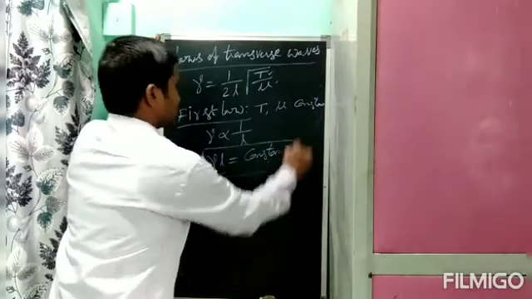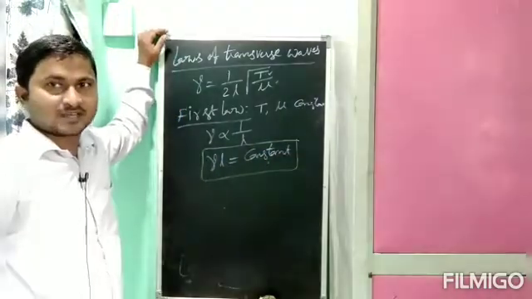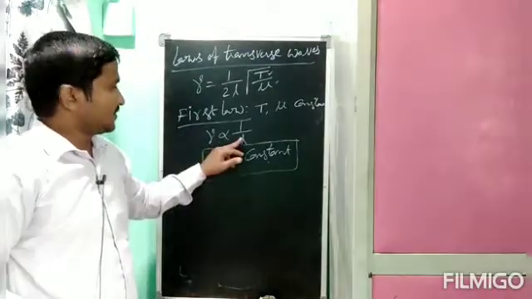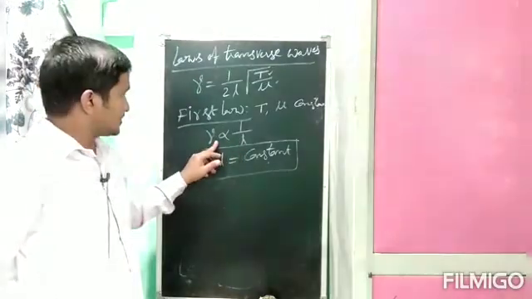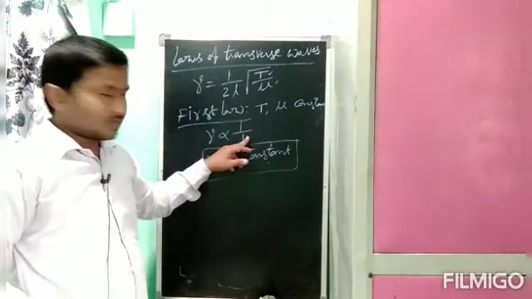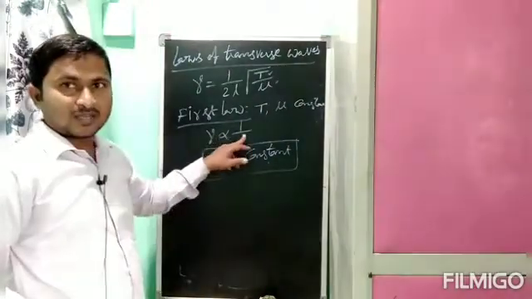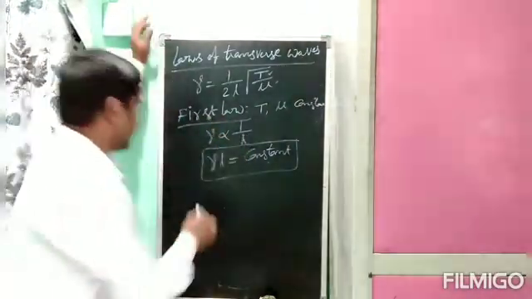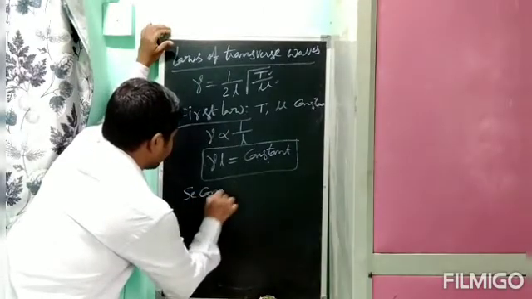This is the first law of transverse waves. If the frequency is less, the vibrating length is more. If the frequency is more, the vibrating length is less.